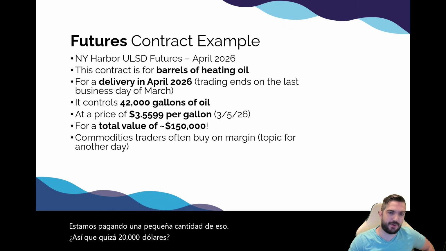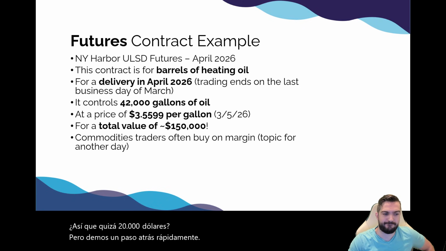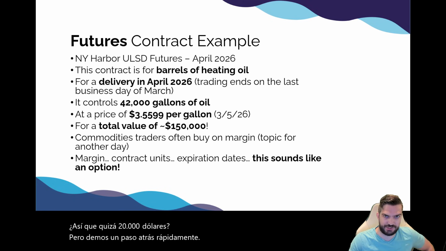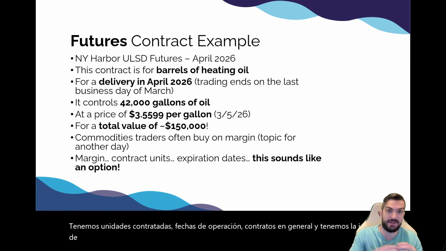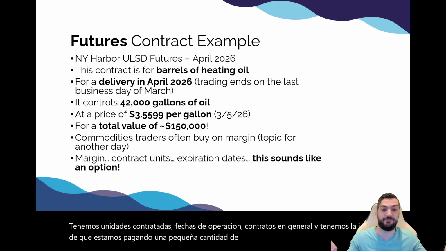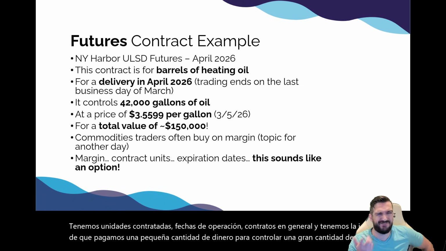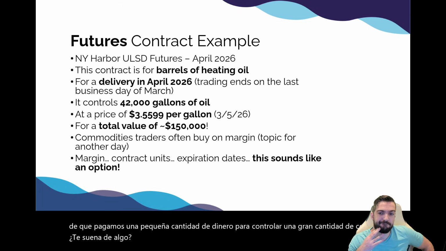But let's take a quick step back. We've got margin. We've got contract units. We've got expiration dates. We have contracts at all. And we have the idea that we're paying a small amount of money to control a large amount of stuff. That ring you any bells? Because it might.